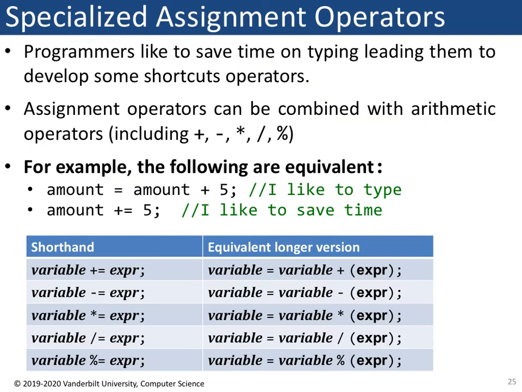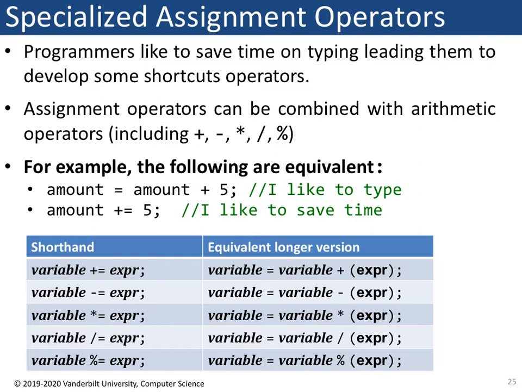There are specialized assignment operators that are used to perform common operations and assign the value resulting from the operation in a more compact form. In the examples we see here, we're taking the variable amount and we're assigning the variable the result of the expression amount plus 5. So we're incrementing amount by 5 is what we are trying to do.